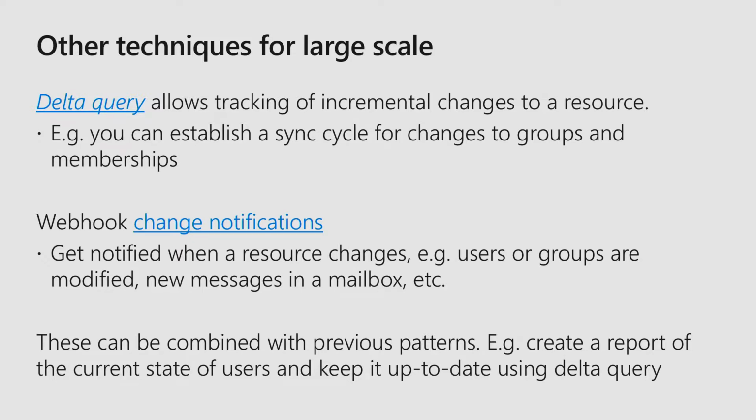Delta Query allows you to download the user state, let's say, once, and then you get a token and you can call back and it'll give you incremental changes over time. So every 5 minutes or every day, whatever you prefer, you call and it tells you just about the users that changed. So a scenario would be creating a report and then keeping it up to date by feeding it the results from Delta Query.